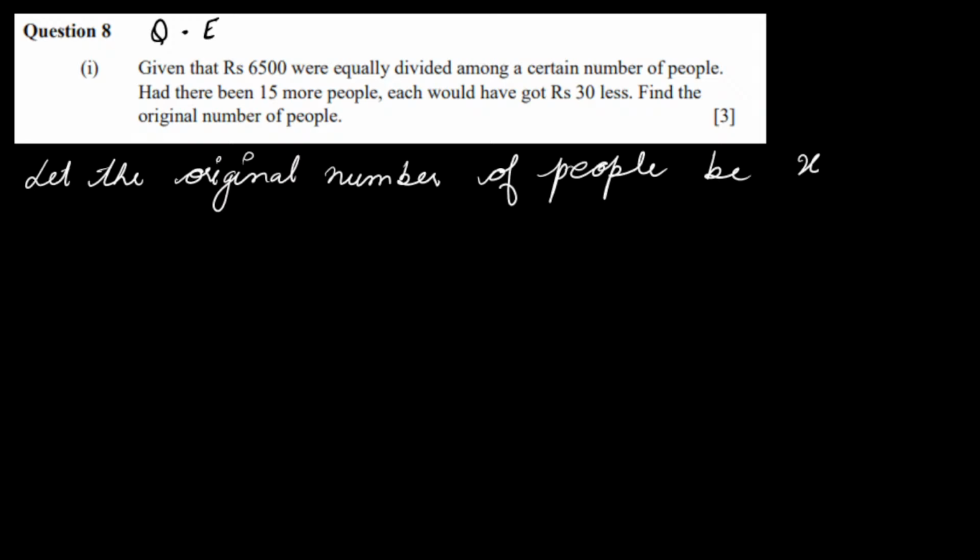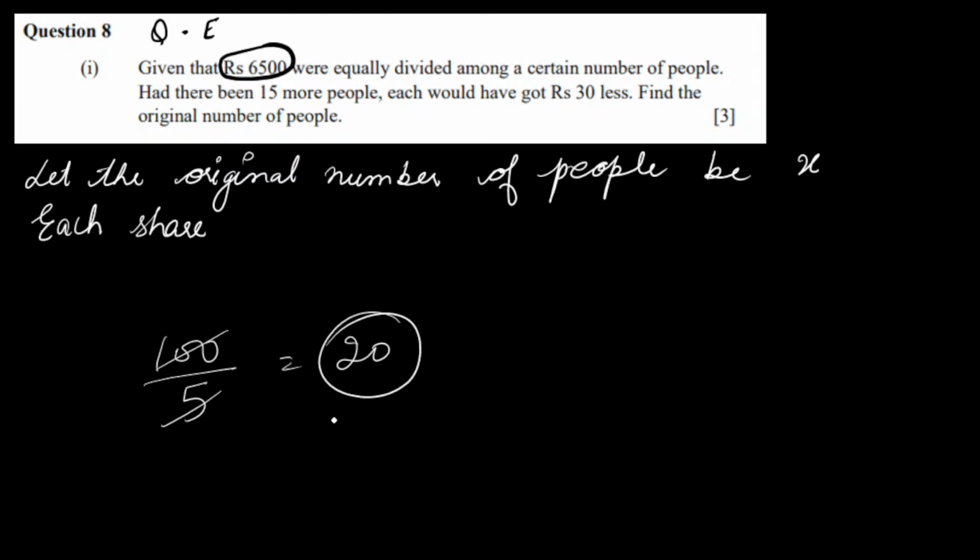The original number of people you can assume as an unknown variable, because this is what we have to find. Now here rupees 6,500 is a certain amount which has to be equally divided among x people. So we can find the value of each share. See, if I have 100 rupees and I have to divide it among 5 students, each one will get 20.